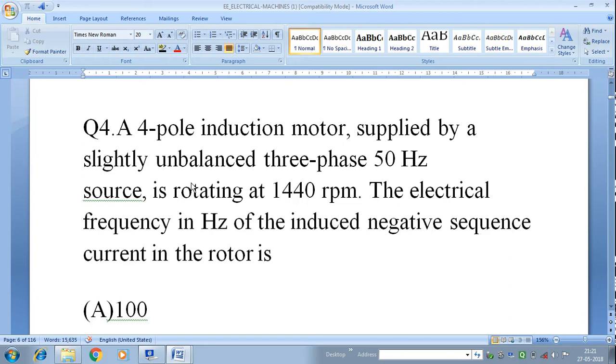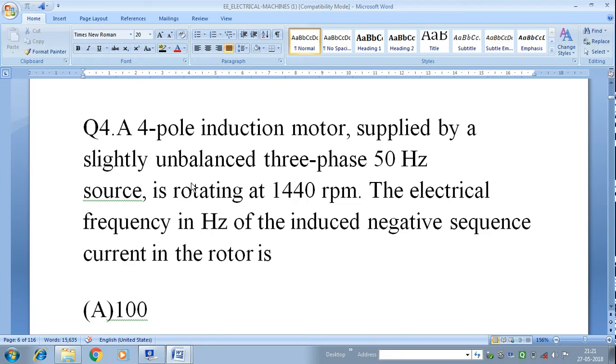When the phase sequence changes, that is your R phase, Y phase, suppose RYB, there are so many causes for changing the phase sequence.